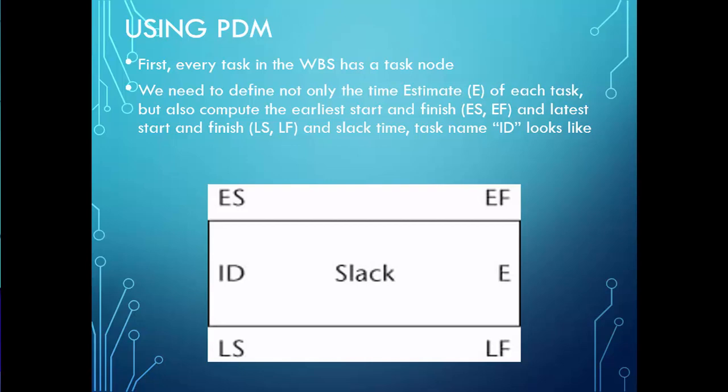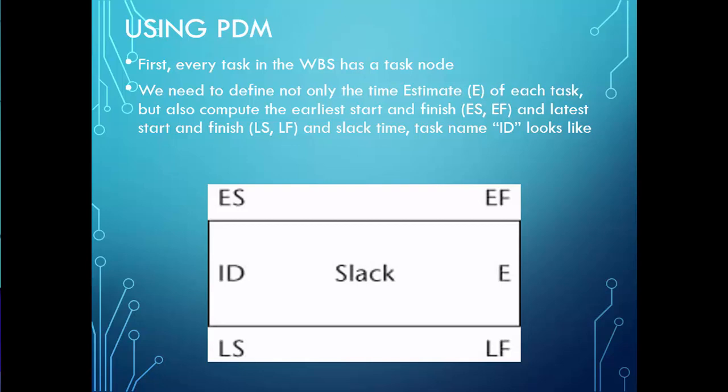So we'll concentrate on the PDM method, or activity on node, and we are going to use the work breakdown structure for our project. We take the activities, and every activity in the work breakdown structure has a task node. We need to define the time estimate for the duration of the task.